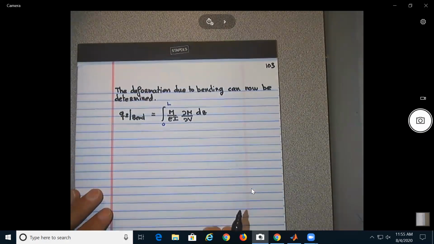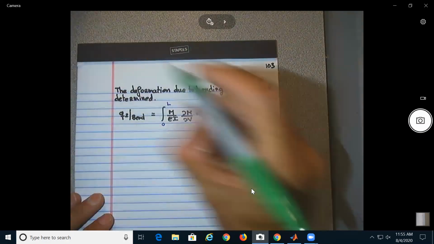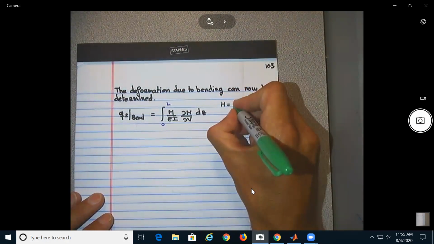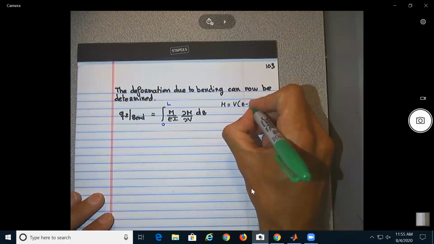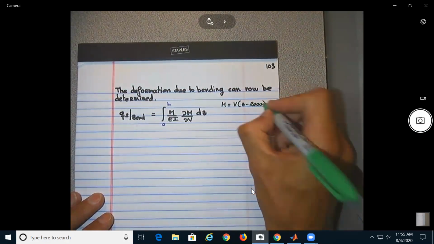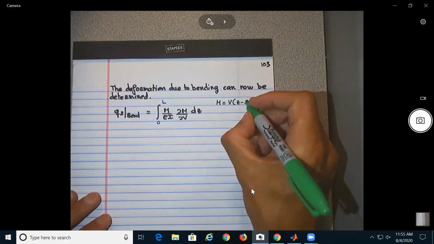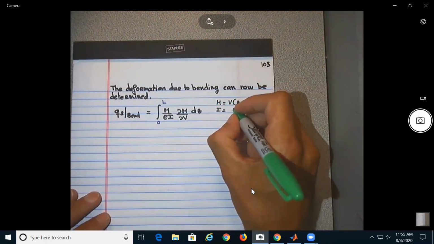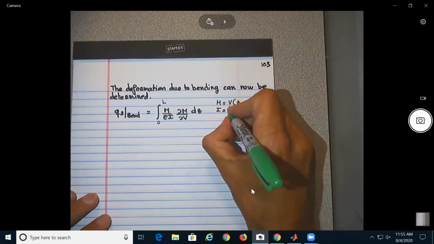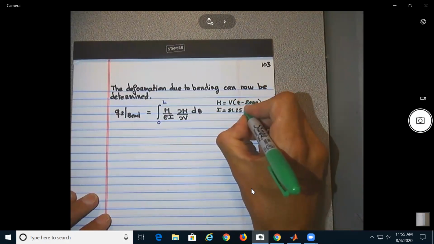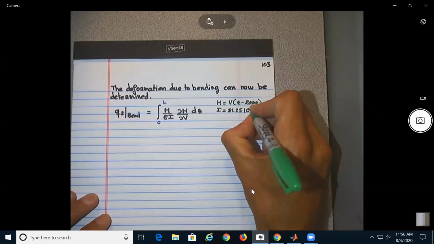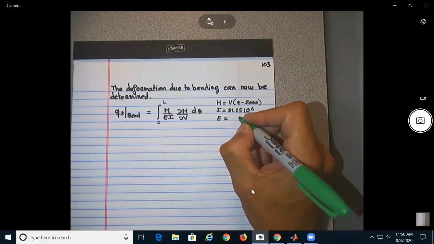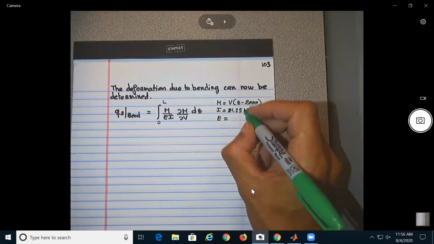Okay, so we know that M is equal to V Z minus 2000. We know I, we just calculated, is equal to 81.25 10 to the 6, and E, just copied before, is equal to 69,000.